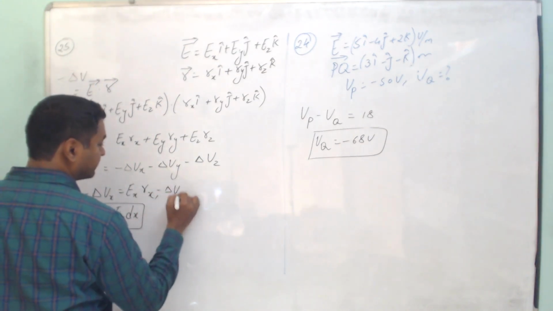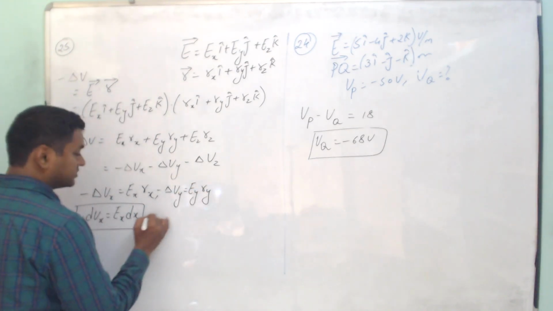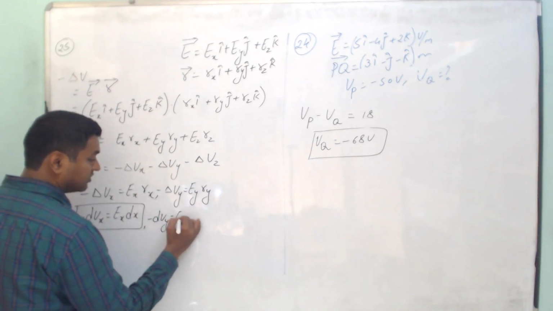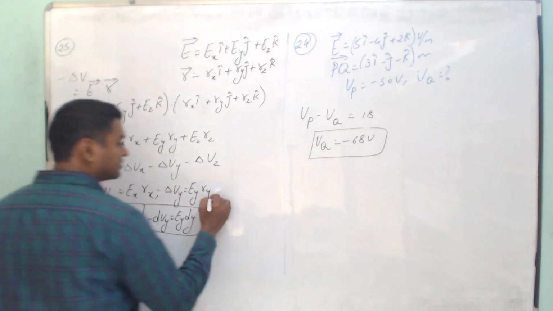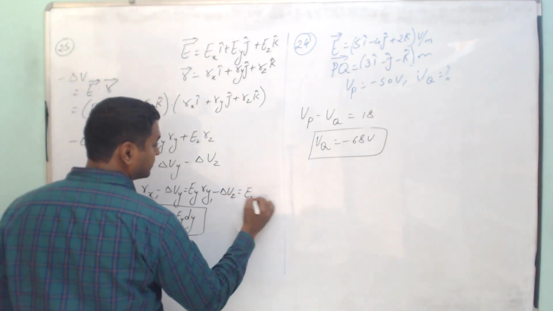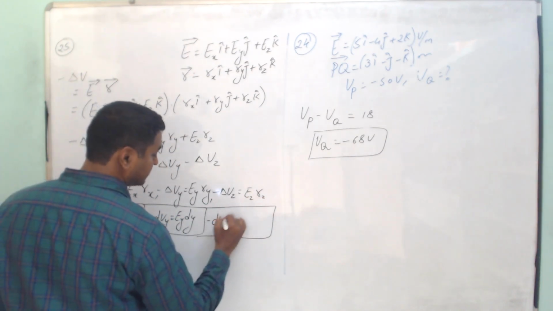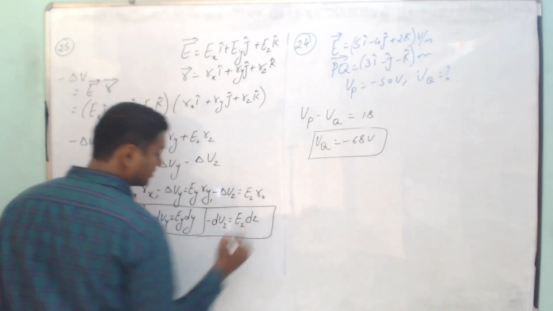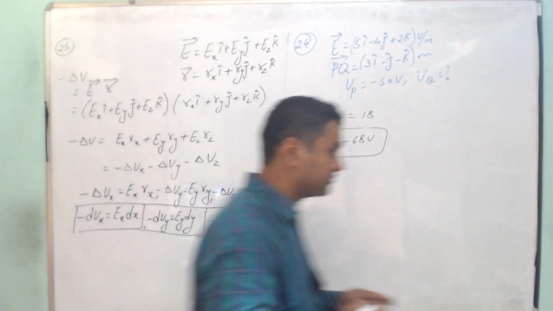Similarly, minus delta Vy is equal to Ey into Ry, and if calculus is involved, I will write the same thing as minus dVy is equal to Ey into dy, right? Similarly, minus delta Vz is equal to Ez into Rz, and when calculus is involved, I'll write it as minus dVz is equal to Ez into dz. And we can rewrite all these things in whichever format we want.